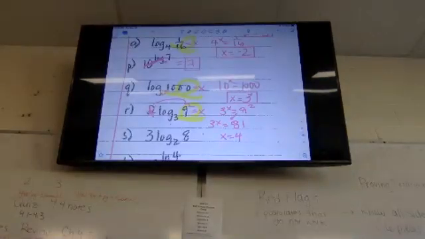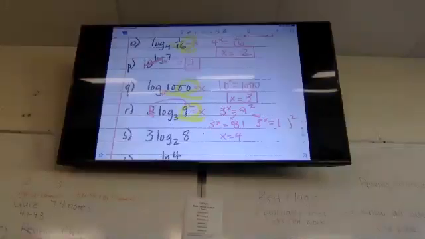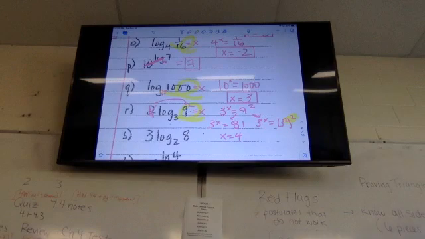I don't know all my perfect squares, and I have kind of a hard time getting there. Instead, what I think about is, okay, could I write 9 as 3 to some power and then square that? 9 is 3 to what power? Squared. So I can rewrite 9 as 3 squared. And do you remember when I do a power of a power, when I do 3 squared squared, what do I do to those 2's?